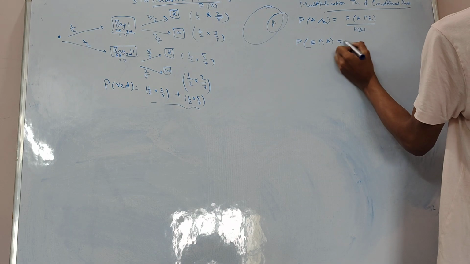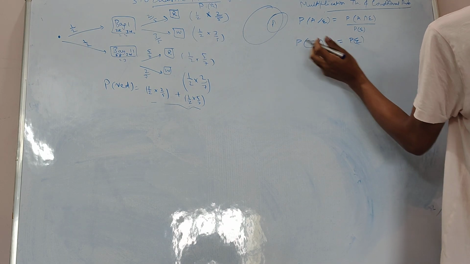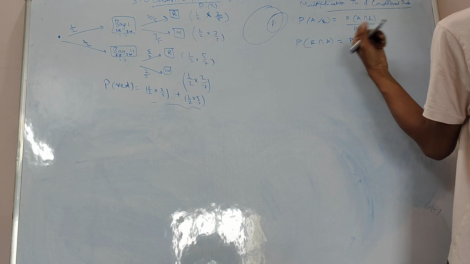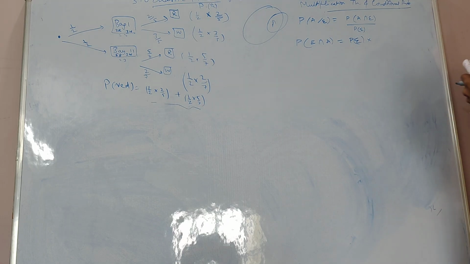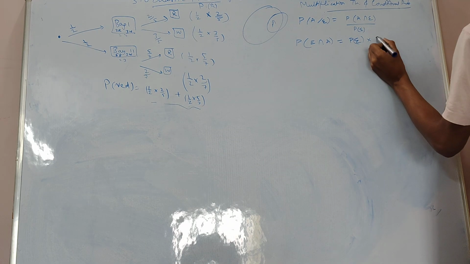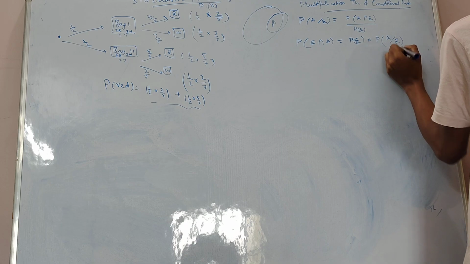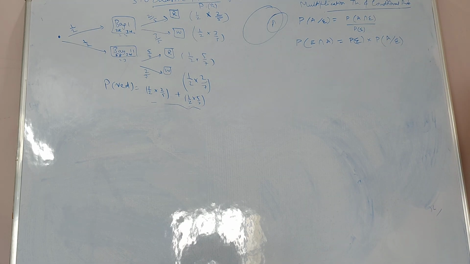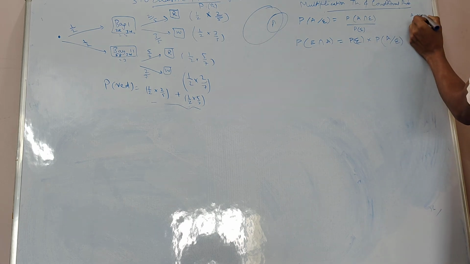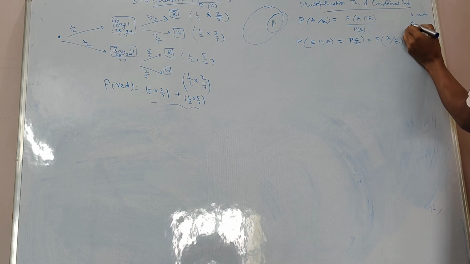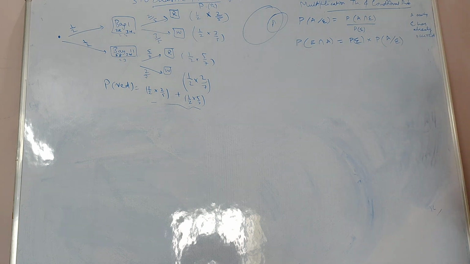So this I can write as the probability of E, the complete event, and the probability of an event which occurred when E occurred, so this will be written as A given E, because event A occurred when E has already occurred.